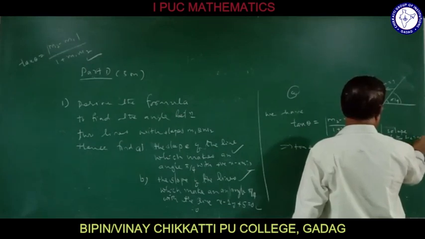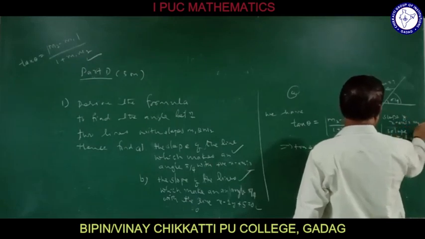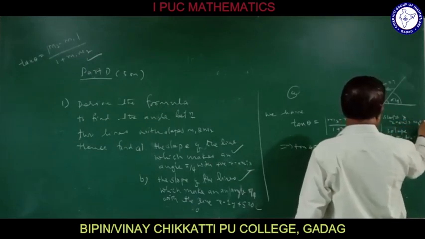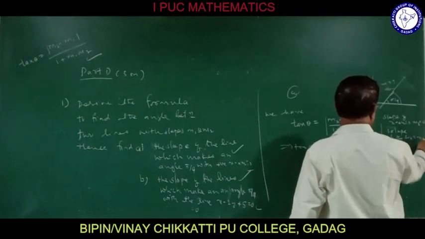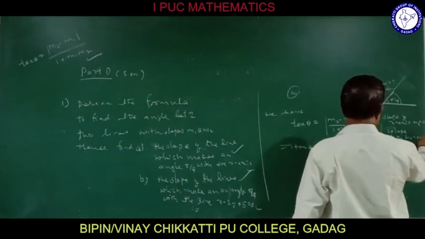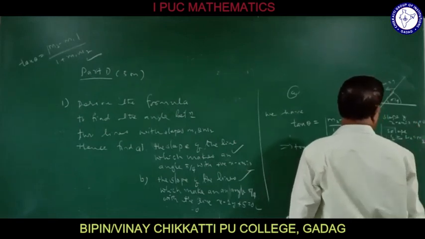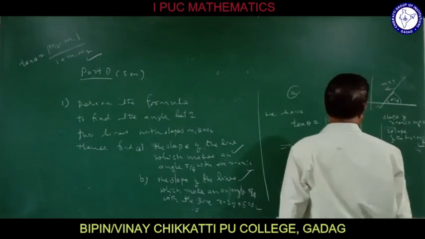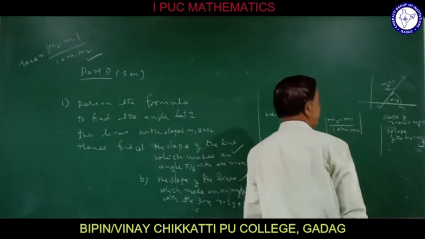The slope of the x-axis is m1, and the slope of the line is m2, and we don't know the value of m2.